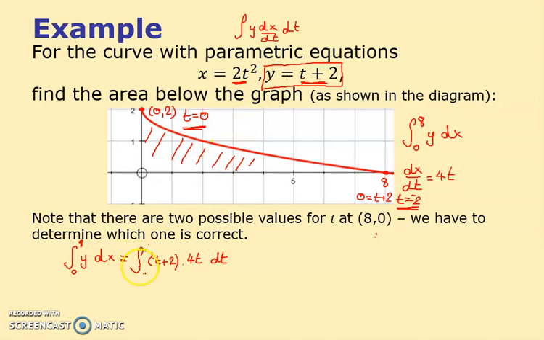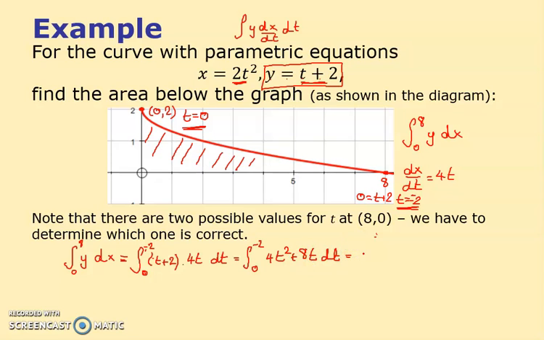Now I need to be a bit wary because I've got a smaller number on the top than I've got on the bottom. So one way of dealing with that is to switch it round, and I'll do that at the end. Because if I'm not careful, I'm going to get them wrong. Anyway, if I multiply that out, it's the integral from 0 to minus 2 of 4t squared plus 8t dt.